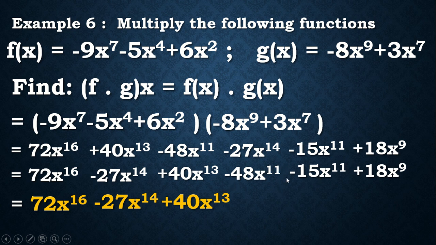If you are adding two negative signs, you have to add the numbers: 48 plus 15, that is 63. And then the sign of their answer will be negative. So we have minus 63x to the 11. Negative 48 plus negative 15, we have negative 63. And then bring down plus 18x to the 9.